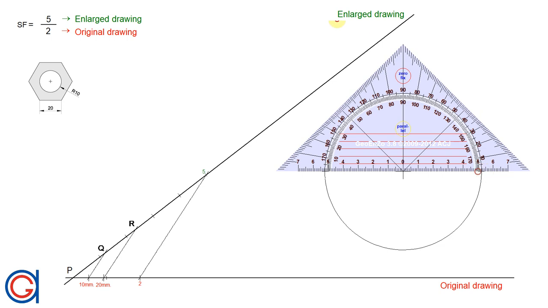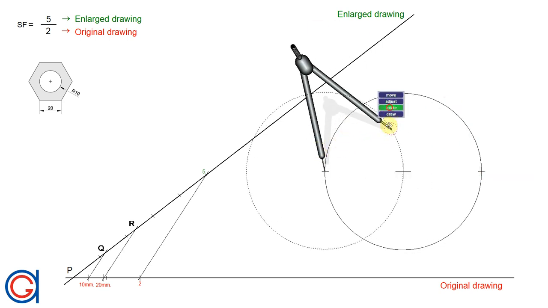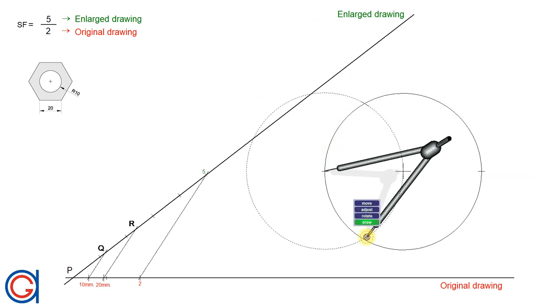Now we complete the hexagon in a thicker line using the compass, as can be seen here.